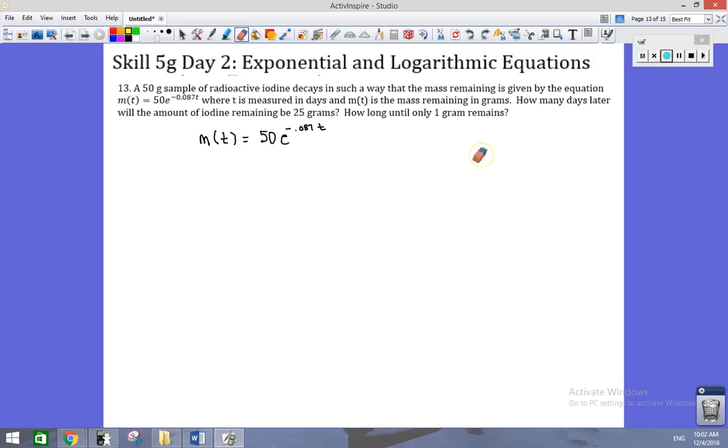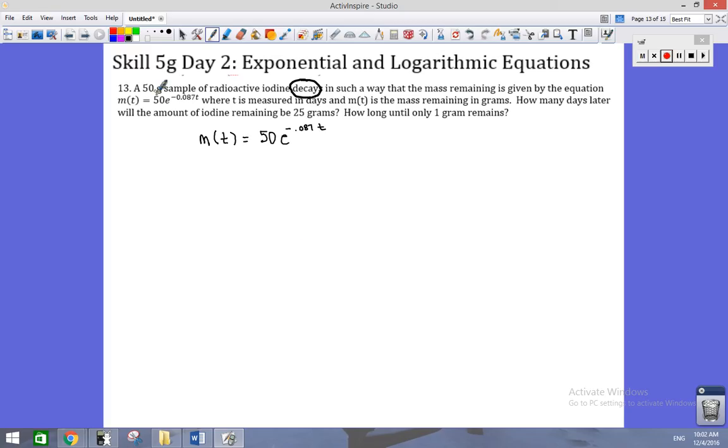All right. The first question, how many days? So it's wanting me to solve for t. t is the variable that has days, and the left-hand side, this mass, is the amount. Initially we started with 50, and it decays, meaning it's dropping in mass, it's decreasing.